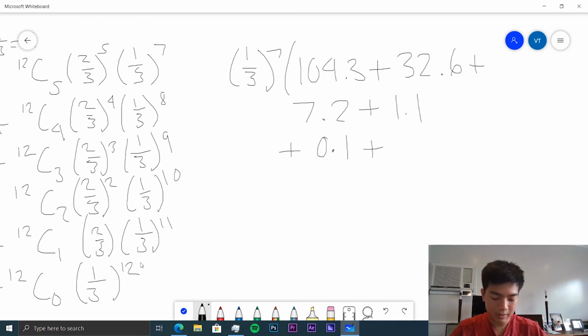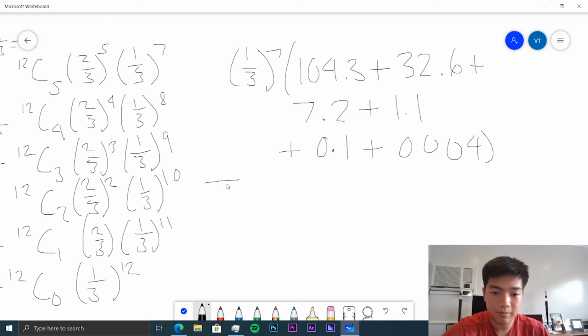No, sorry, 1/3 to the 5, which is 0.004. So if we add all of this up, we get that the probability is 104.3 plus 32.6 plus 7.2 plus 1.1 plus 0.1 plus 0.004, and all of this times 1/3 raised to the power of 7.